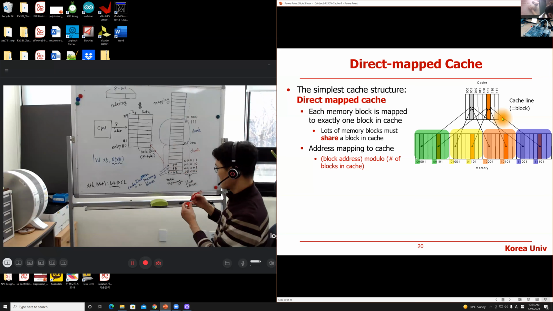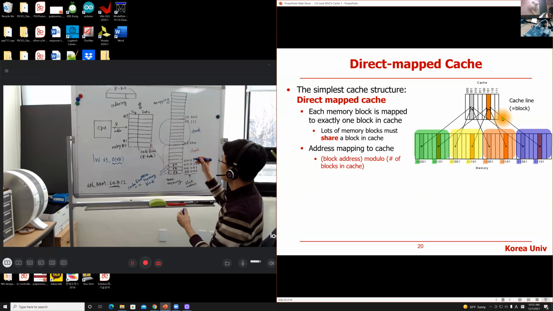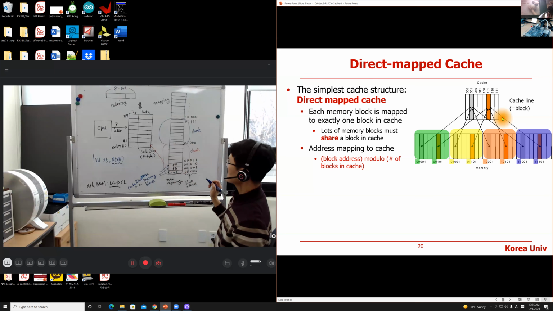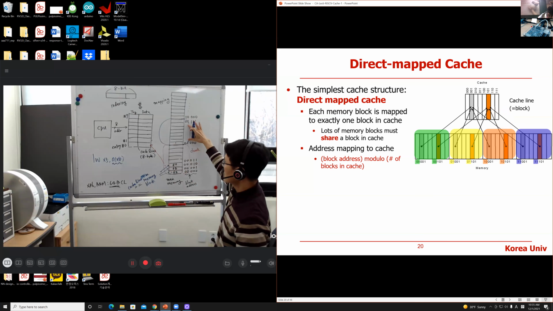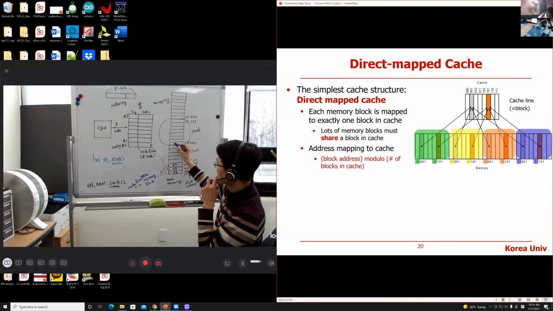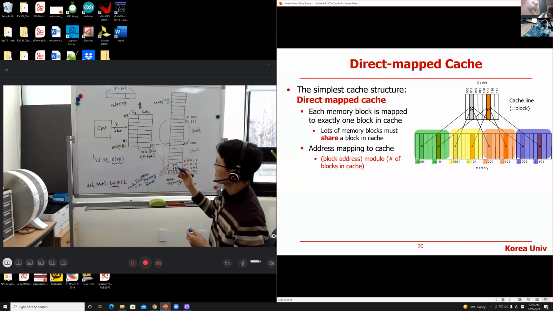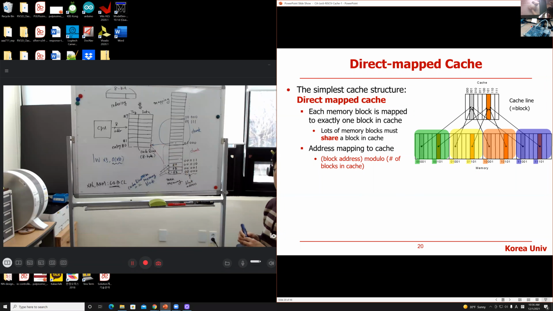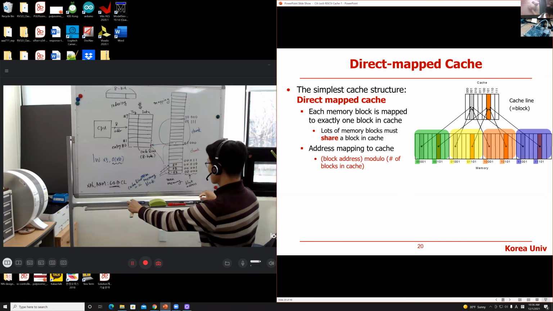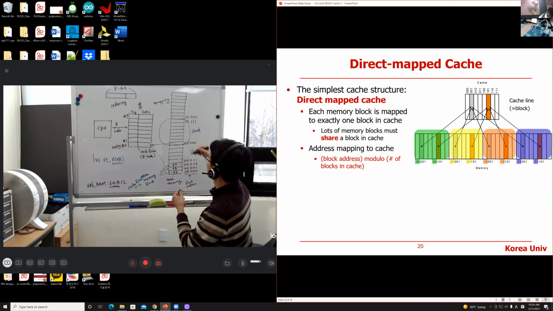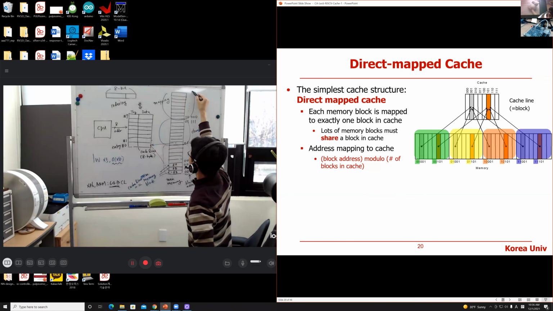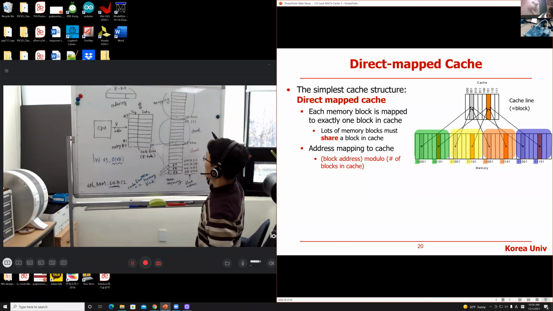Same thing here. The first memory block in this blue chunk also goes to entry number 0. Same thing with the third chunk. The first memory block in this chunk always goes here.